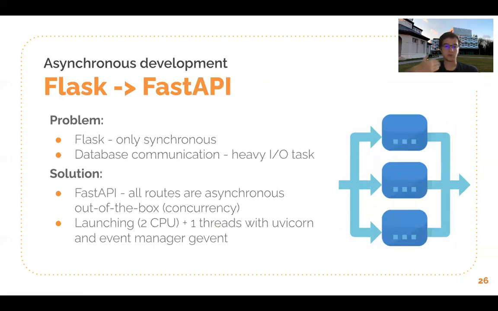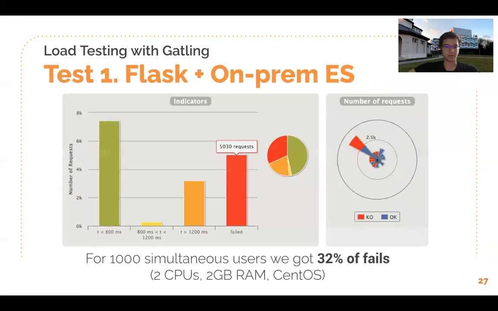And that's why we have solved this problem by switching the framework from Flask to FastAPI, where all of the routes are asynchronous out of the box. They enable concurrency. We have also launched several threads with Uvicorn and event manager gevent. And in that way, we have utilized both concurrency and parallelism.